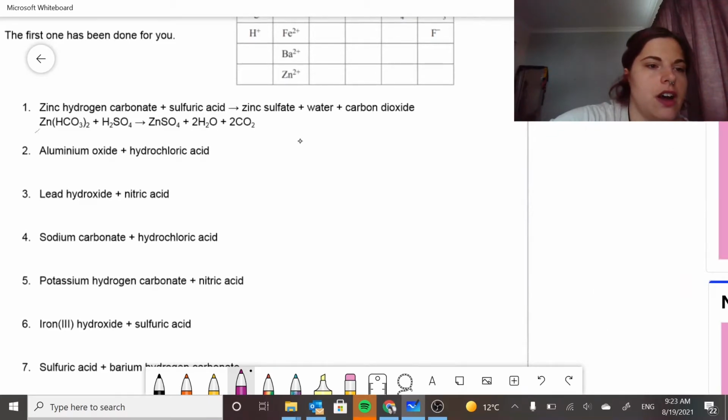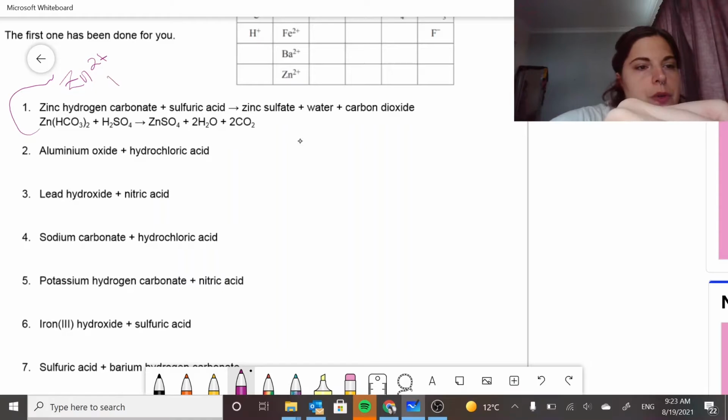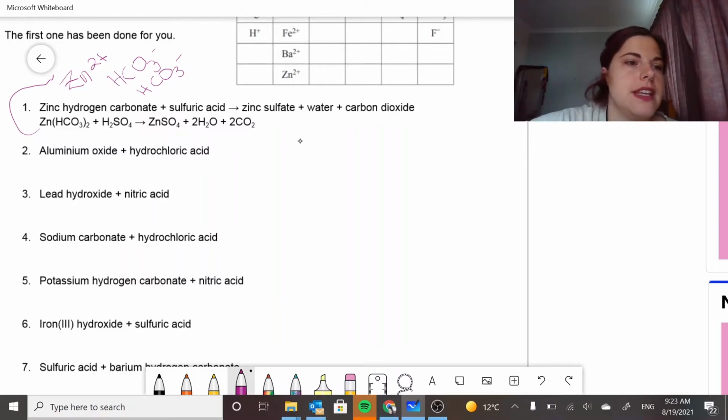So this has got a Zn2 plus and 2 hydrogen carbonate ions. Okay. So if we look at this, we can see that the zinc has a 2 plus charge, the hydrogen carbonate has a -1 charge, so that is why there's that little 2 down the bottom.